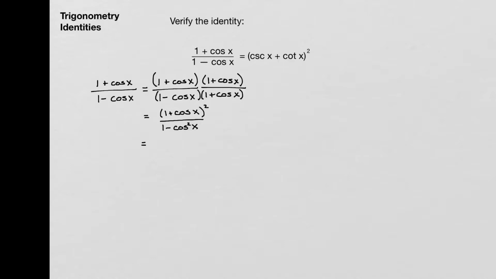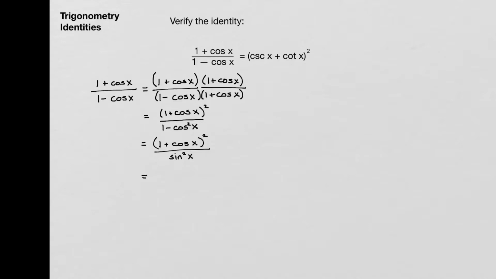Now in the next step, I'm going to bring down that 1 plus cosine x quantity squared. And 1 minus cosine squared x is sine squared x.